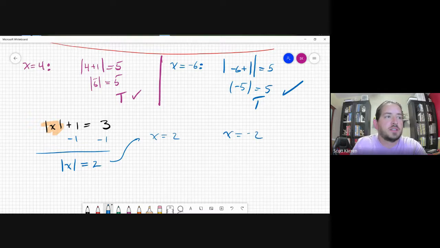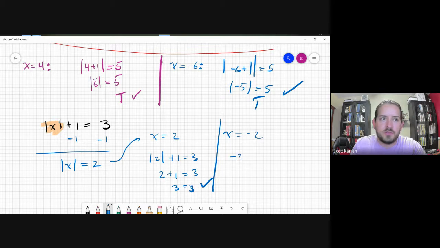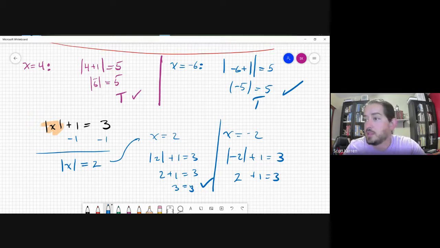If I check these, the absolute value of 2 plus 1 is 3. That one checks out. Check -2. Well, that one's pretty easy as well, because the absolute value of -2 is 2. 2 plus 1 is 3. Easy, right?